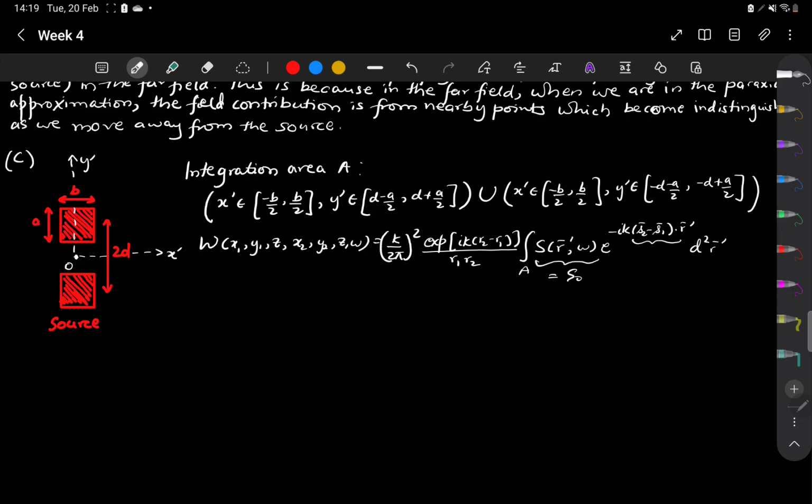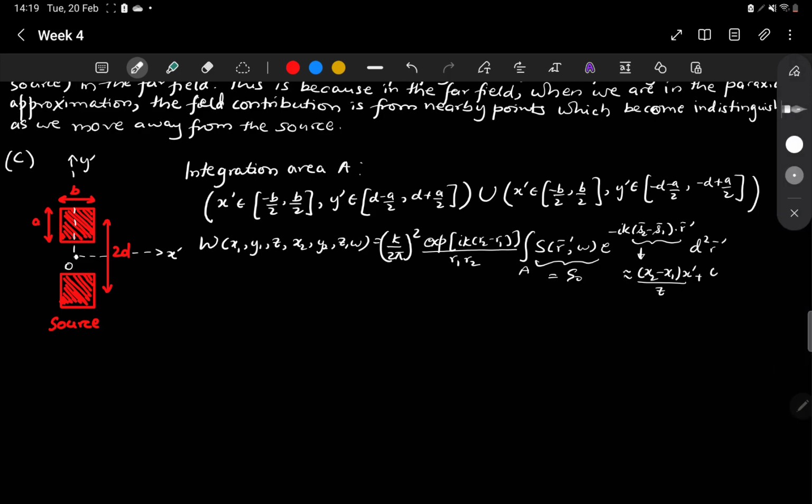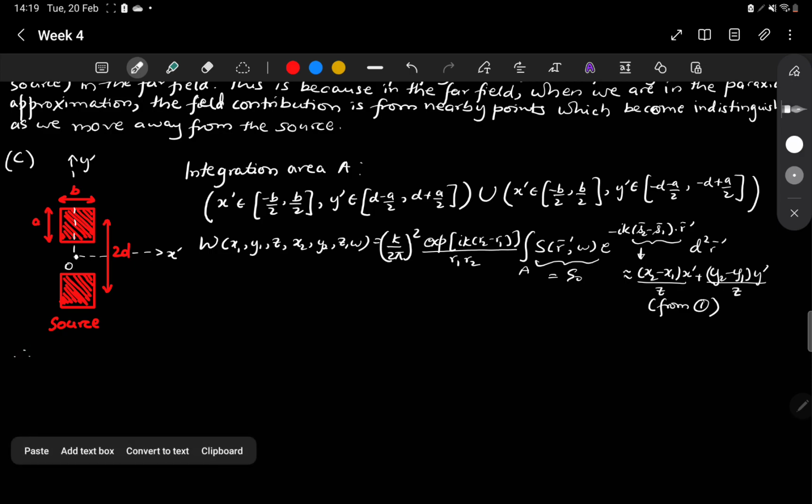So this will be written as approximately this, which is coming from equation 1. Therefore we can write RW.